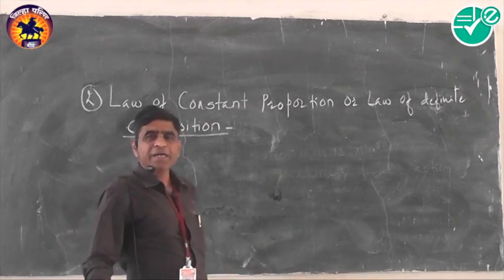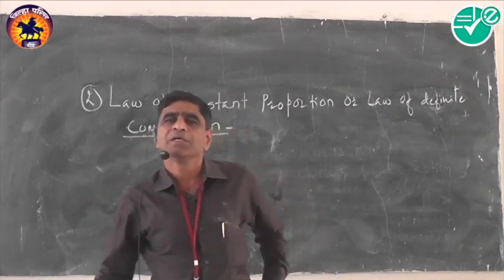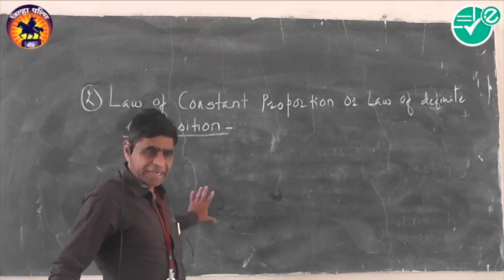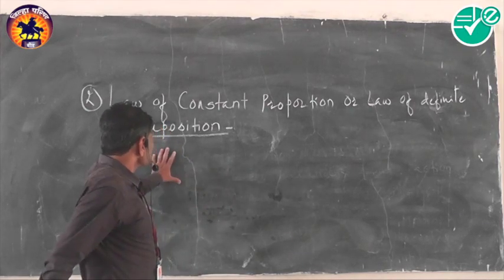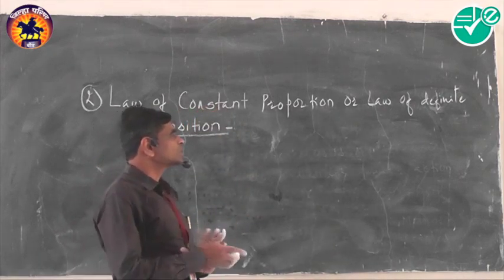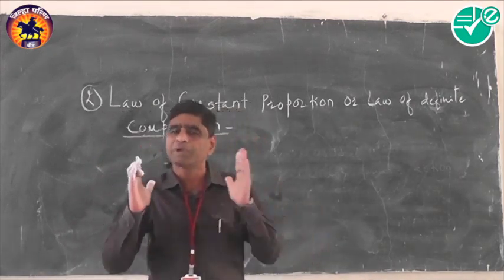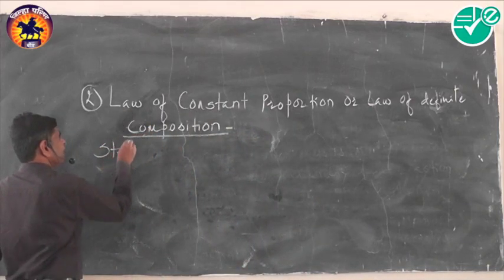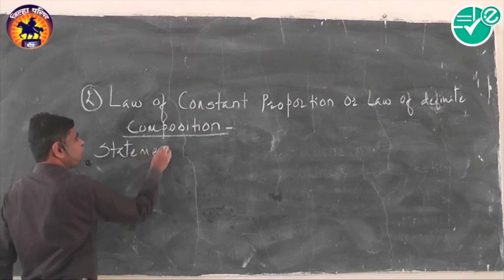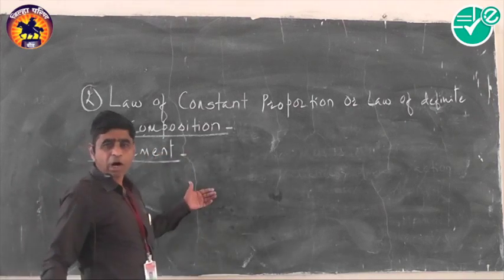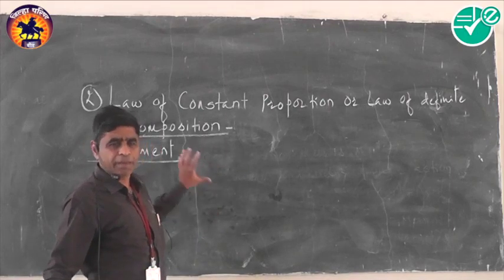Now again, this law is related to the quantitative study of chemical reactions. Remember, according to this law of constant proportion, or law of definite proportion, any pure chemical compound... this law is the outcome of the quantitative study of chemical reactions.